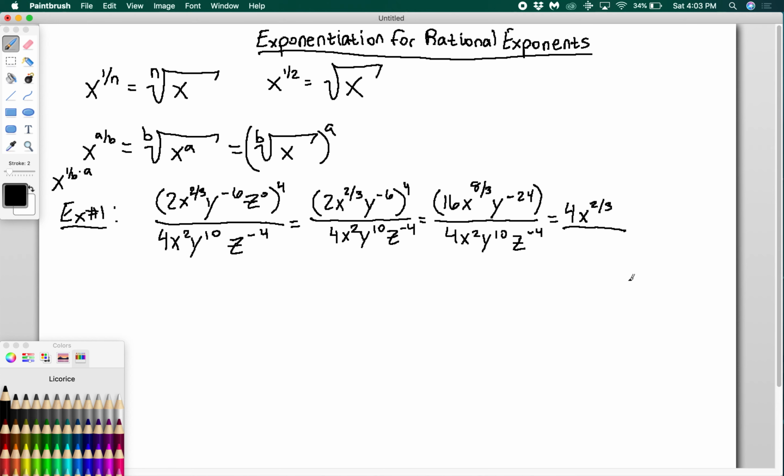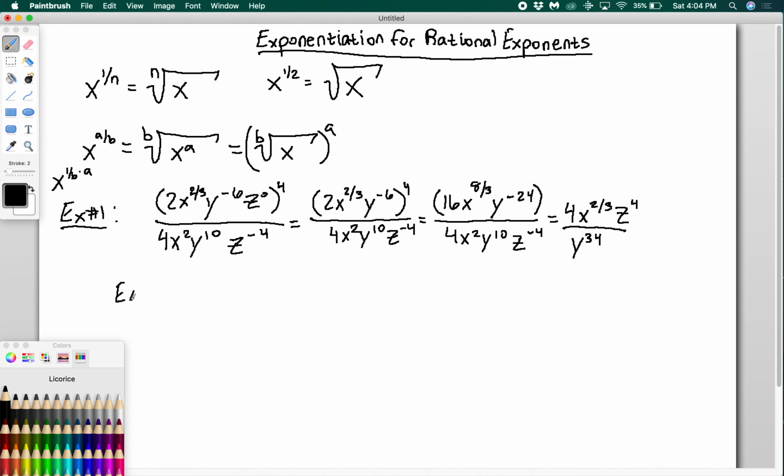Then negative 24 minus 10 is negative 34, which means I can put that in the denominator and say it's y to the 34. And z to the negative 4 is just 1 over z to the 4th, which means this can get moved to the numerator, so I have z to the 4th. So remember, if you have a negative exponent in the denominator, you can just bump it up to the numerator. If you have a negative exponent in the numerator, it goes down to the denominator. So you just flip it.